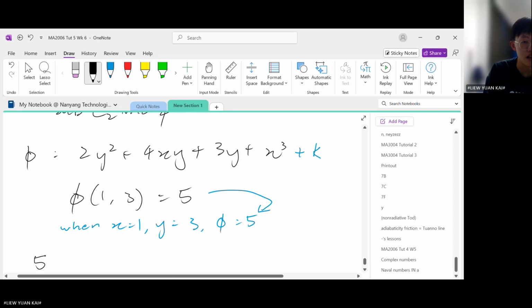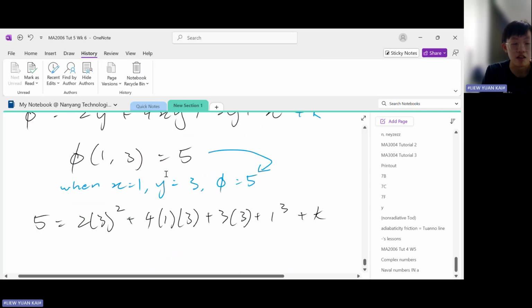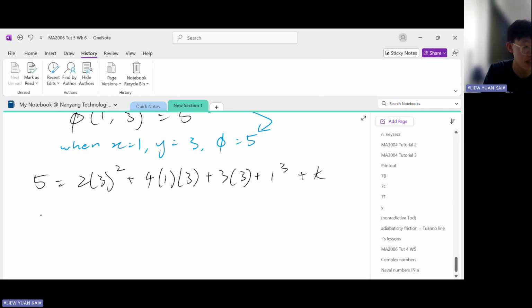Then wherever I see y, I replace it with 3. So 2 times 3 squared plus 4, and then wherever I see x, I replace it with 1. 1 times 3, 3 times 3, 1 cubed plus k. You see, now the only unknown in this equation is just k. So just solve for k, and I tell you, k will become minus 35.